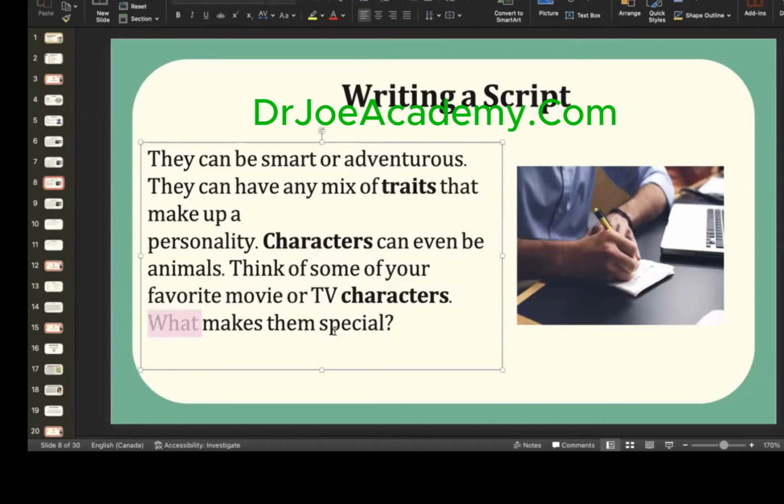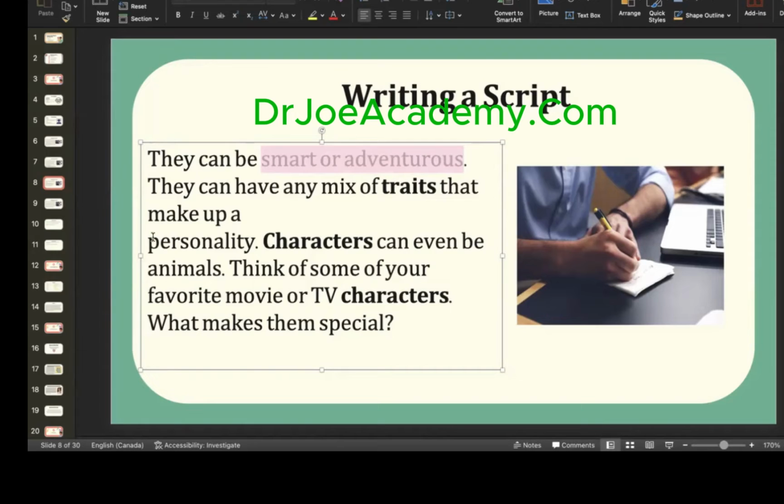So, Elizabeth, what can characters be? They can be smart or adventurous. Good. What do you call it when we have a mix of traits?